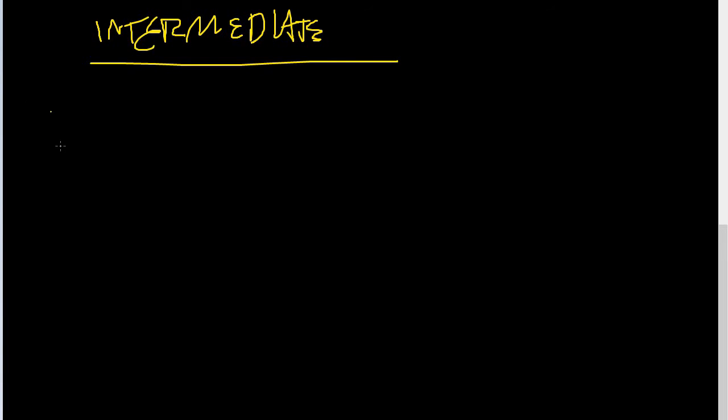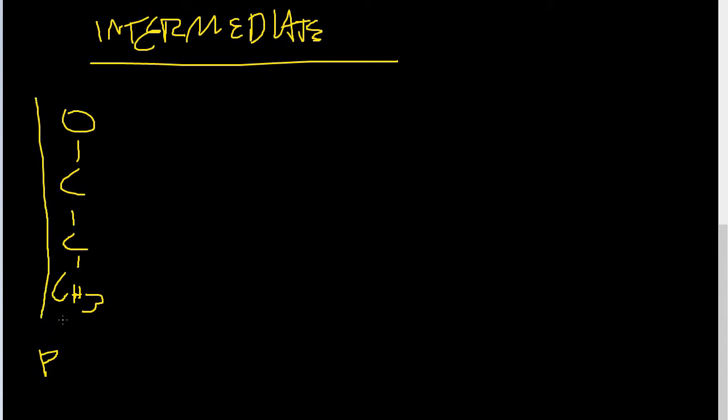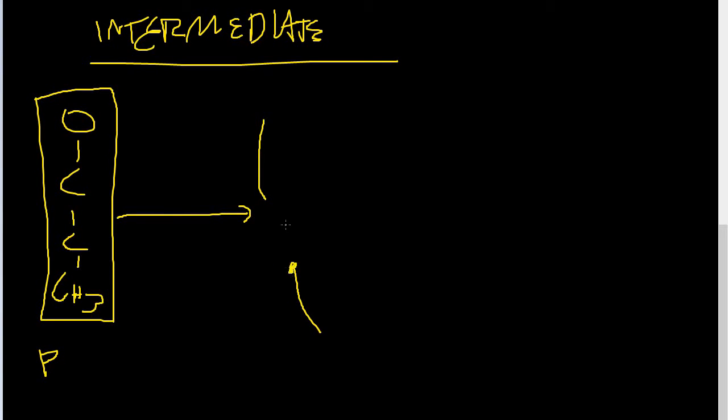So the pyruvate, which is O=C-CH3 with a COO- here for short, pyruvate, via transport proteins right here, this being the mitochondrial membrane.